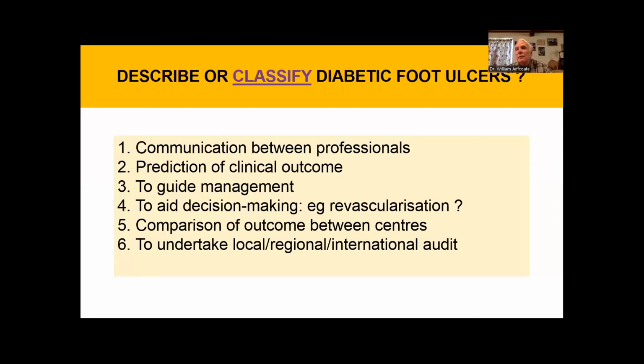Or it might be linked to decision making, and obviously the main contender here is revascularization, if you've got access to it, and how would you decide whether you should go and consider it? But my main interest is the last two really, which is comparison between centers, and eventually comparing between centers in the same country or regions of the country or different countries. And so that's the background. That's the real value in my mind, why we should be classifying. Have the next slide.